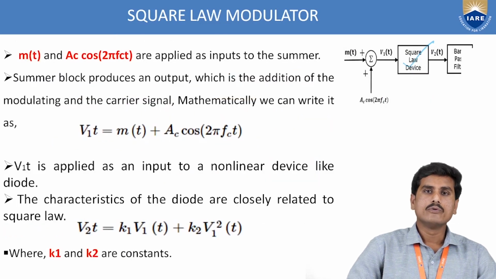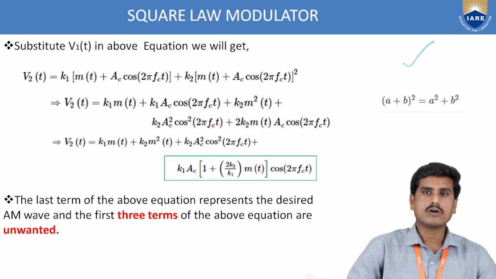That is V2 of t is equal to K1 V1 of t plus K2 V1 square of t. Here K1, K2 are constants.